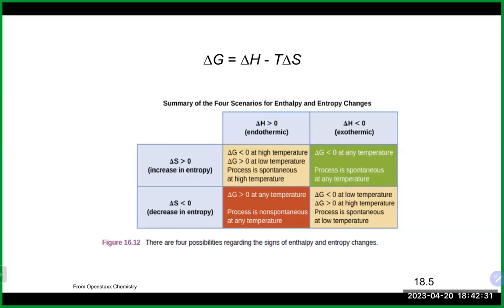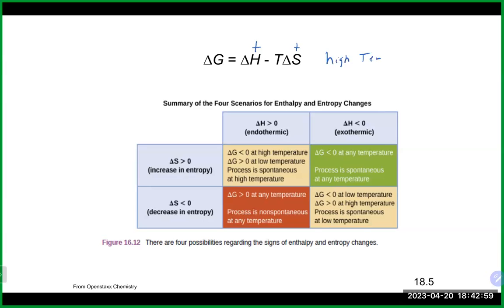For example, if we have a delta S that is greater than 0 and a delta H that's greater than 0, both of these would be positive values. That means this reaction would be spontaneous only at high temperatures. So you would need high temperatures.